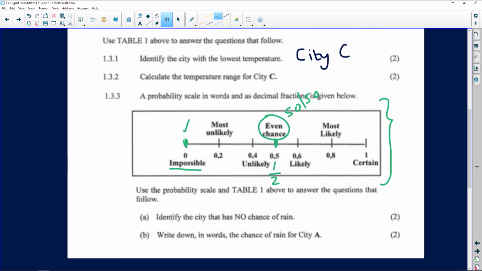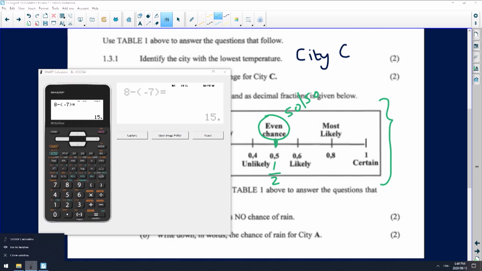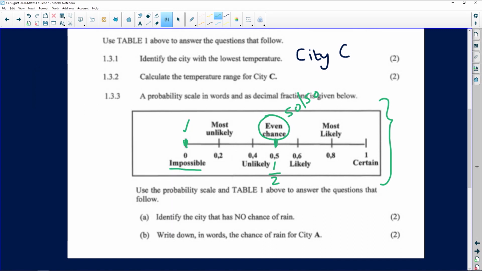Let's look at what our calculator would give us. I'm going to say 0.5, and look at that, it gives me the half. All I did was press equal. And if I wanted to make that a percentage, I would just multiply that by 100. Stunning, 50. Perfect. So we know it's 50-50.